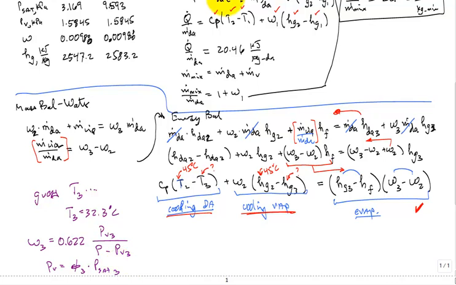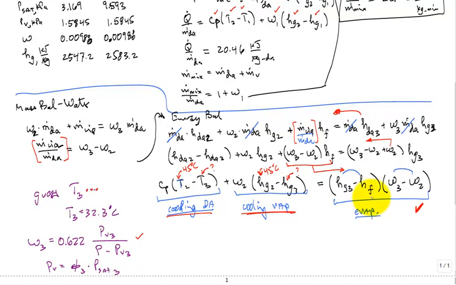So the saturation pressure is a strong function of the dry bulb temperature, T3. Once I have a guess at T3, I can get P_sat at 3, multiply it by the relative humidity, which was 50% at 3. I can compute omega 3.